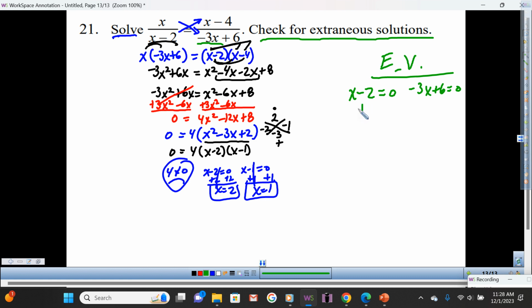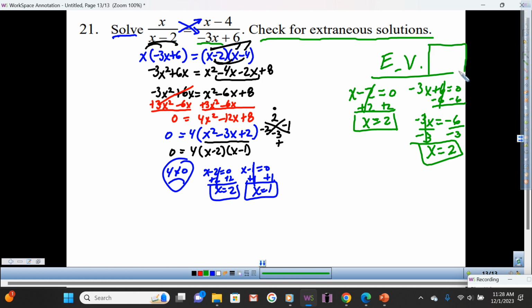Let's solve. Minus 6 minus 6, negative 3x equals negative 6. Divide by negative 3, divide by negative 3, x equals 2, which is the same one, right? So what is my excluded value?